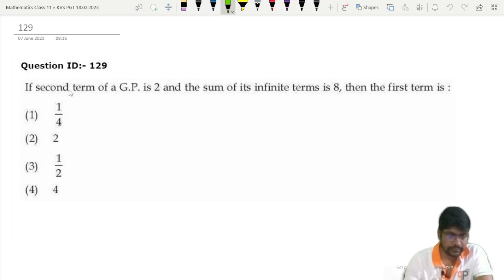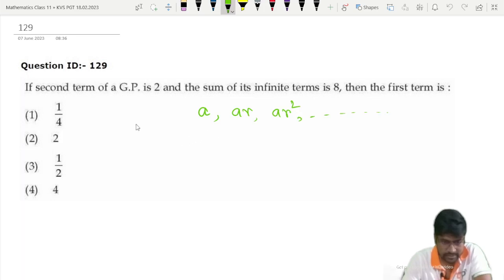If the second term of a GP is 2 and the sum of its infinite terms is 8, then the first term is what? Let us consider the GP as a, ar, ar square, and so on.